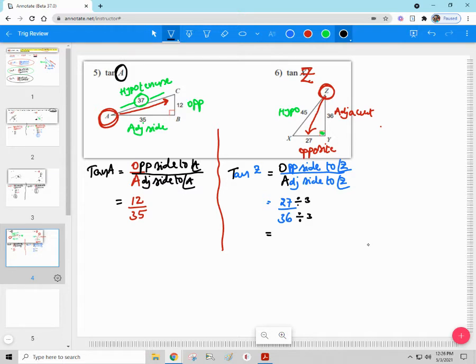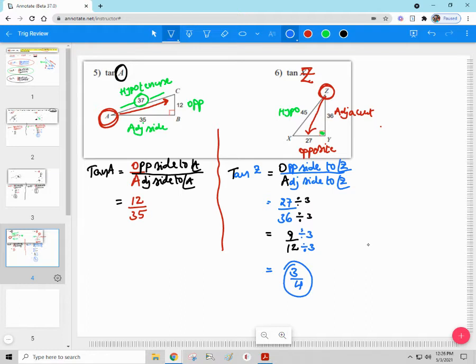So I get 3 times 9, 3 times 12. Can I divide once again 9 and 12? Yes, both are divisible by 3. So 9 divided by 3 gives me 3, and 12 divided by 3 gives me 4. Therefore, 3 over 4. Further, we cannot divide either the numerator or denominator. Therefore, we are done with this.